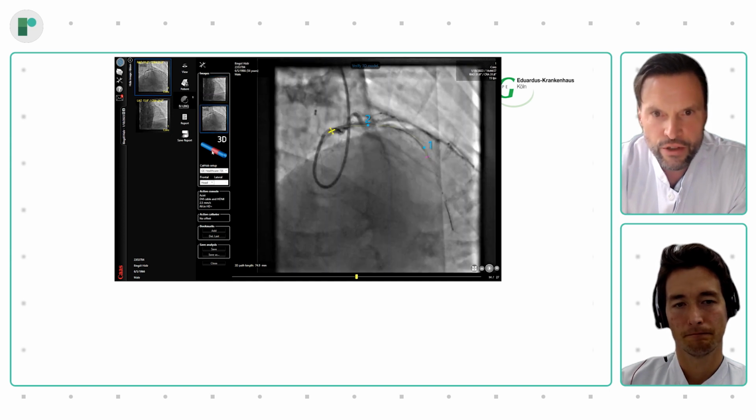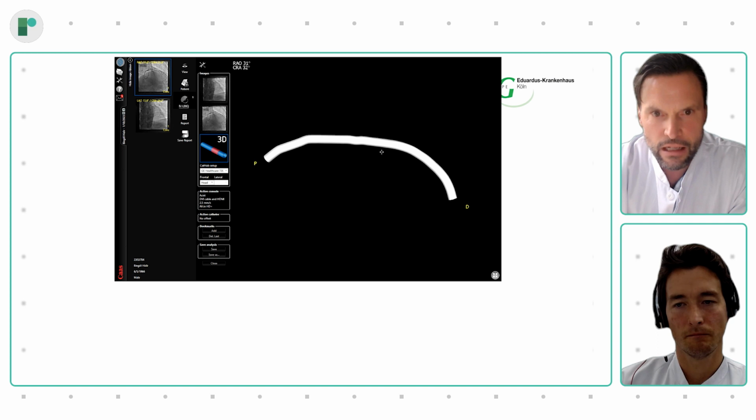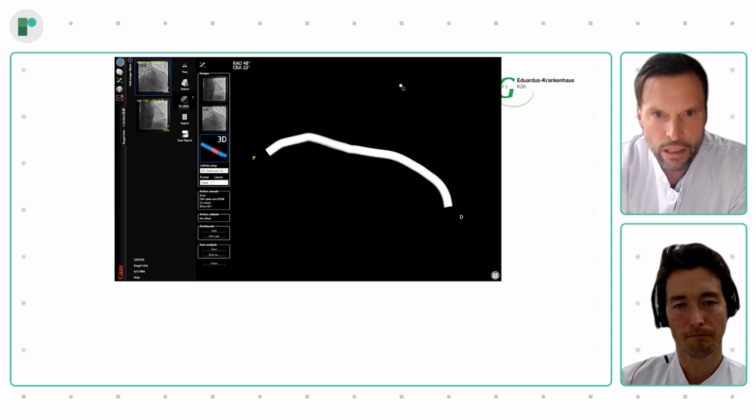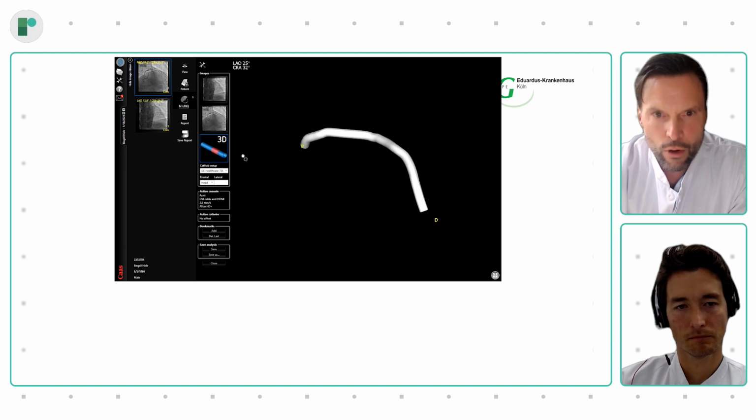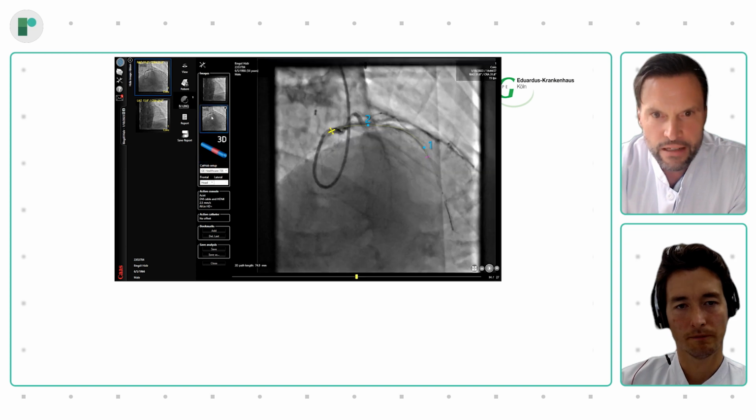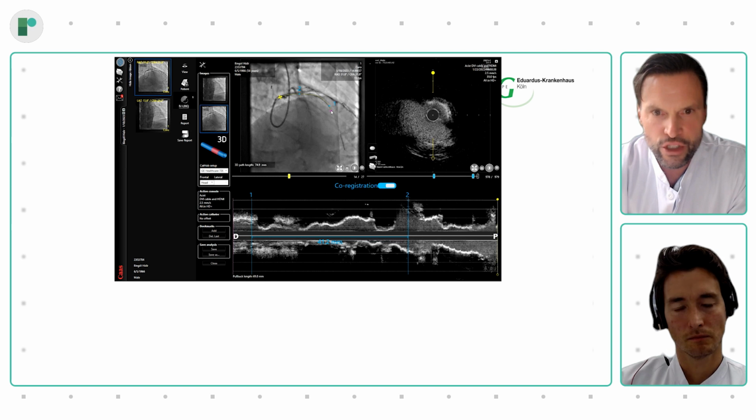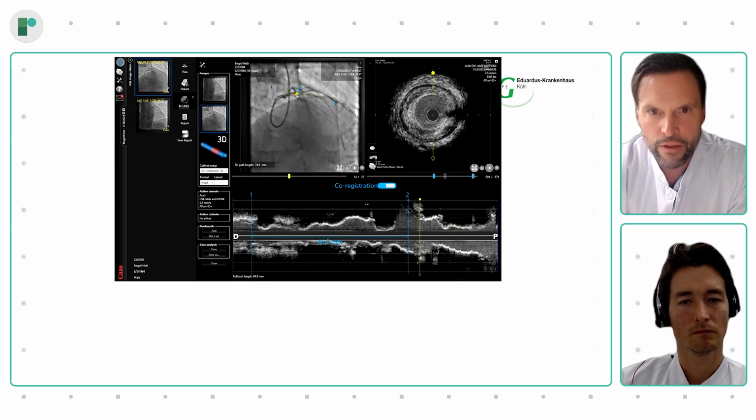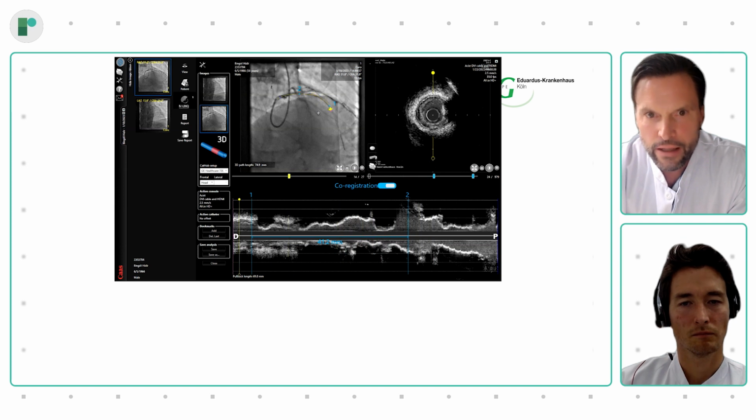You need two angiograms with a certain angle in between, and then you have a three-dimensional model of the coronary artery, and this is calibrated to the HD IVUS. If you do a co-registration, this is all you need, and you can travel around this coronary and see simultaneously where you are in your coronary and what you see on IVUS.